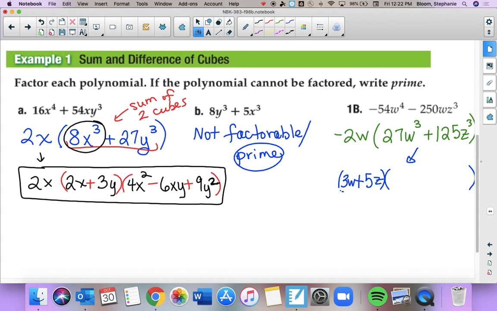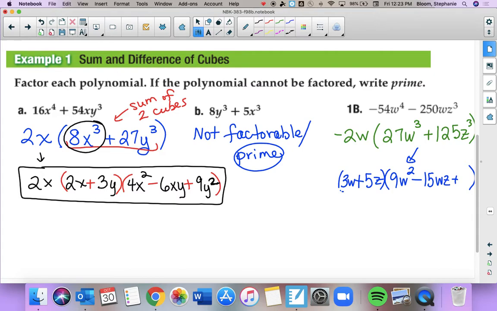All right, now you're doing your trinomial. The first term is A squared. So what's 3W to the second? 9W squared. What sign comes next? Minus. It's the opposite of whatever you have here. And then remember, this is A times B. So you're taking 3W times 5Z, and that is 15WZ. The last sign is always a plus because you're squaring it.